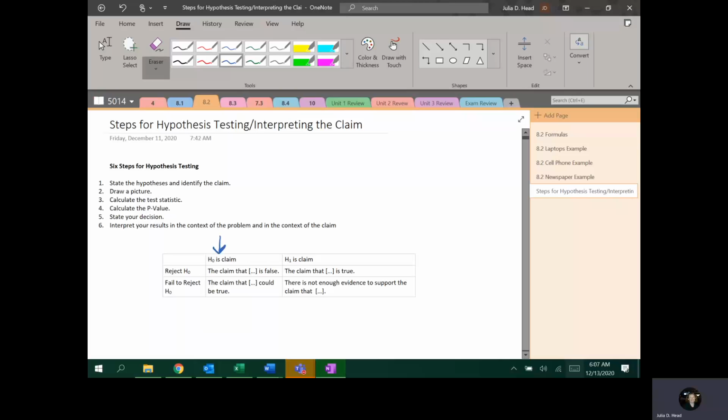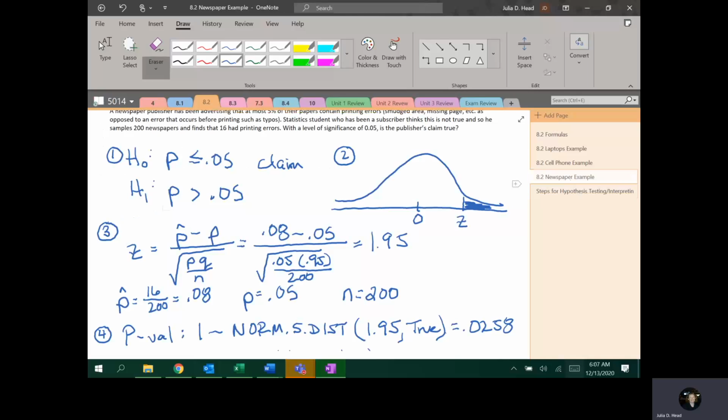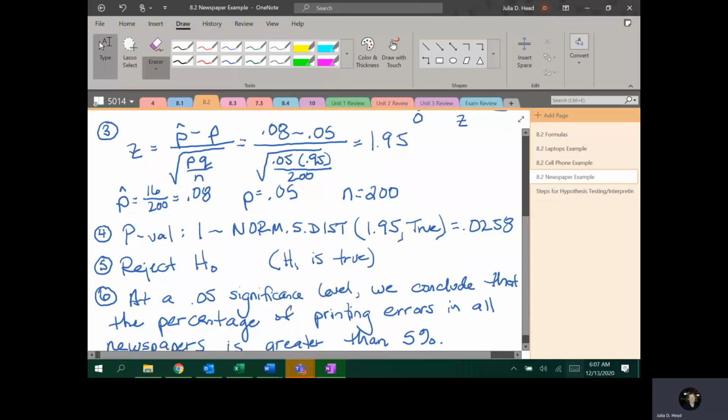So we're in the first column, and we rejected the null. So we're in the top row, which would mean this is what we have learned about the claim, that the claim is false. And again, it sounds confident. If you look at the one right below it, it says could be. Sounds very wishy-washy. But we're saying that the claim is false.